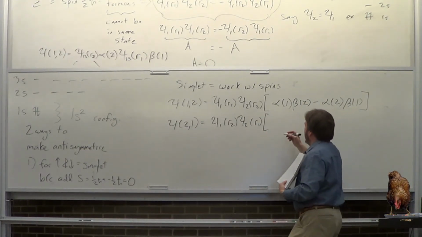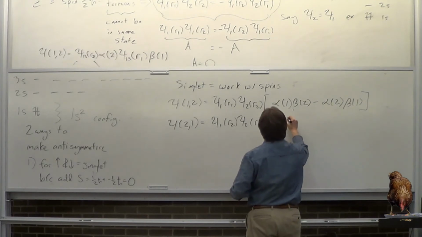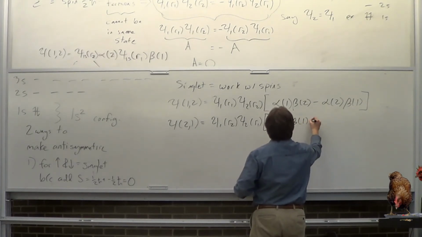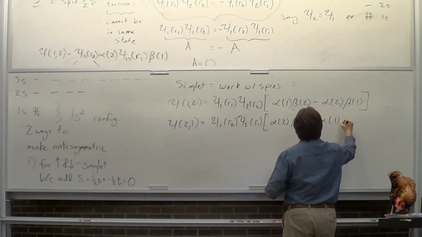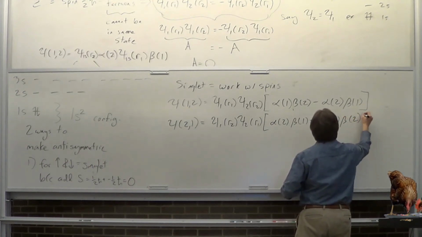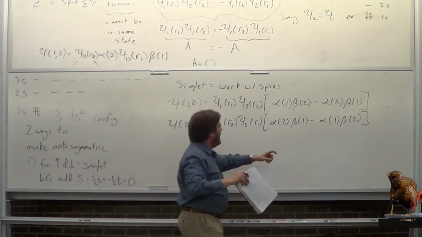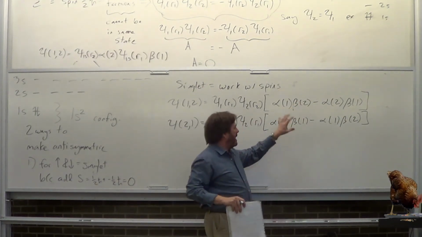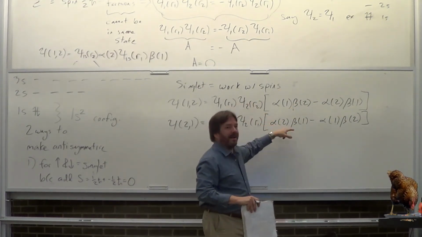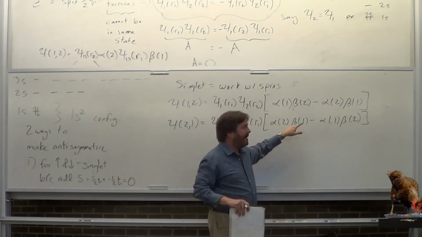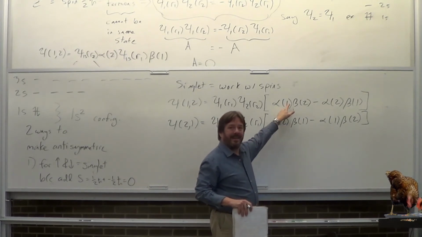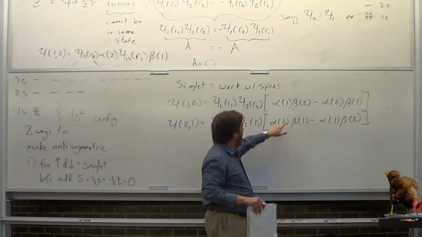Now I've got alpha 2, beta 1, minus alpha 1, beta 2. My question to you is, is this minus that? Don't worry about the spins, they don't do anything. Are you saying that they're opposites?